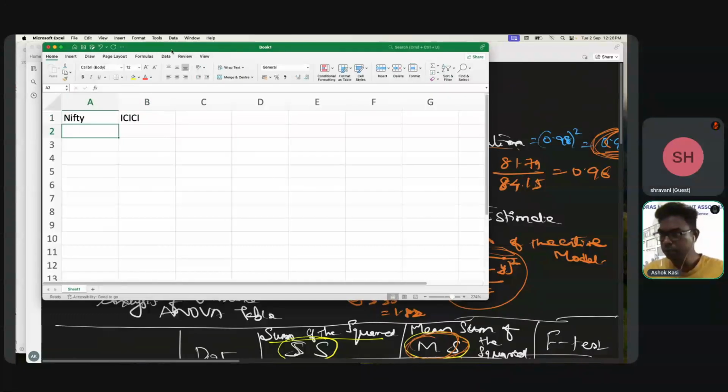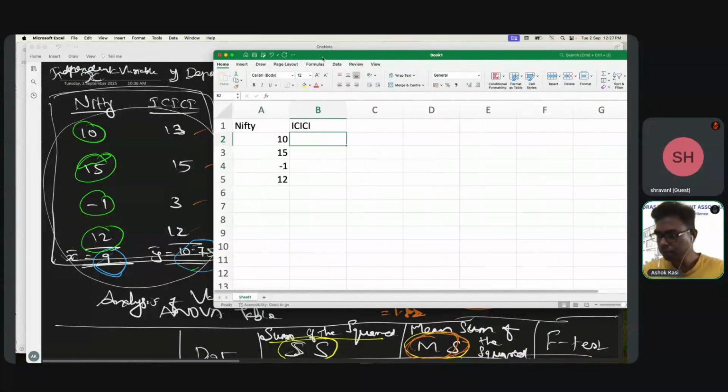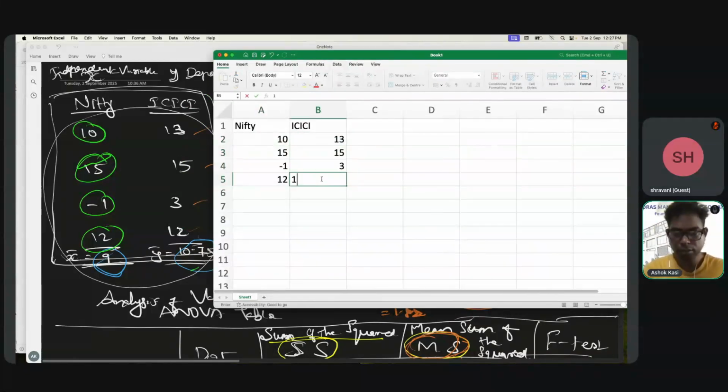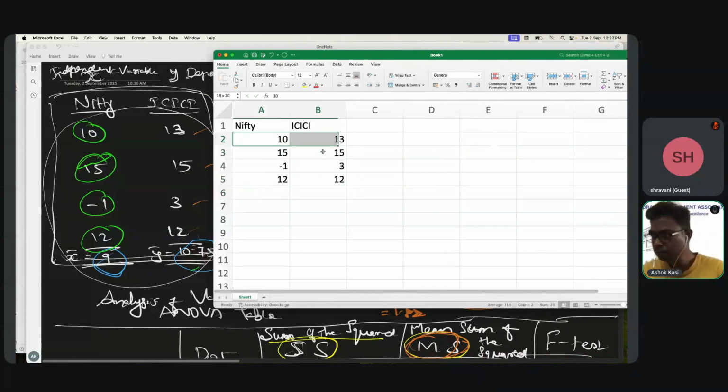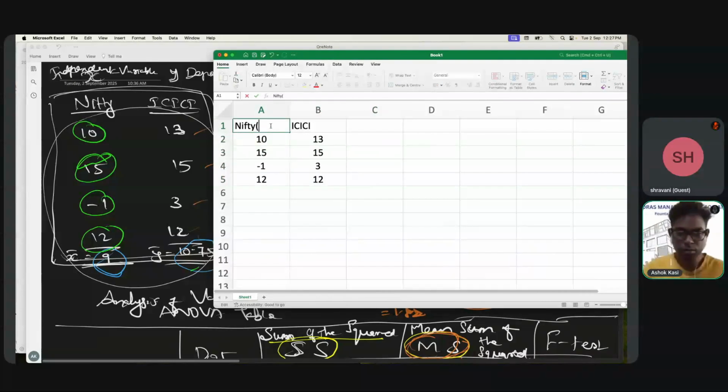So Nifty is written 10, 15, minus 1, 12, and ICICI is 13, 15, 3, 12. This is X and this is Y.